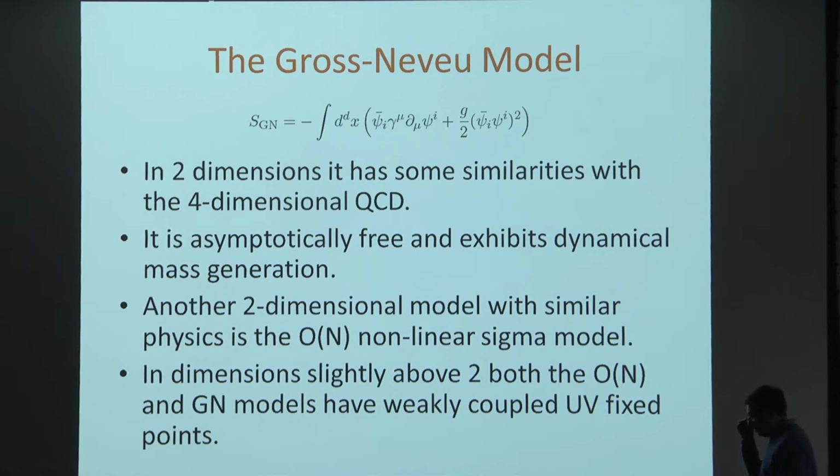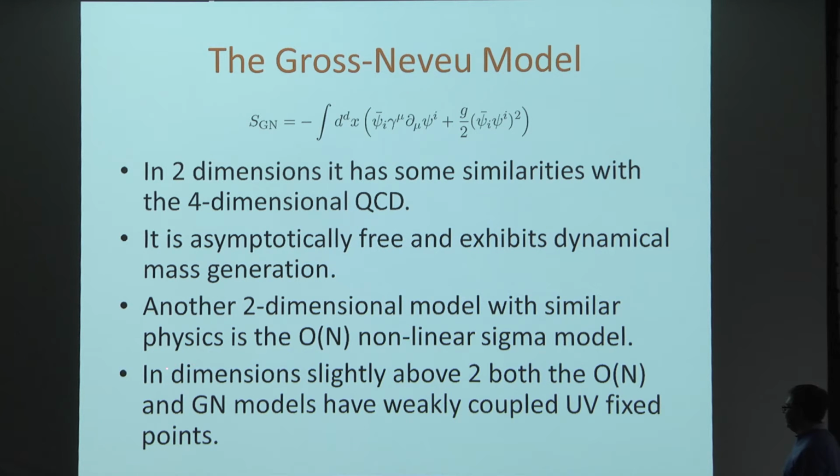Let me talk a bit about the Gross-Neveu model. The initial excitement about it was that in 2 dimensions it has some similarities with 4D QCD, namely it is asymptotically free and exhibits dynamical mass generation. There is another 2D model with similar physics, which is the O(N) nonlinear sigma model.